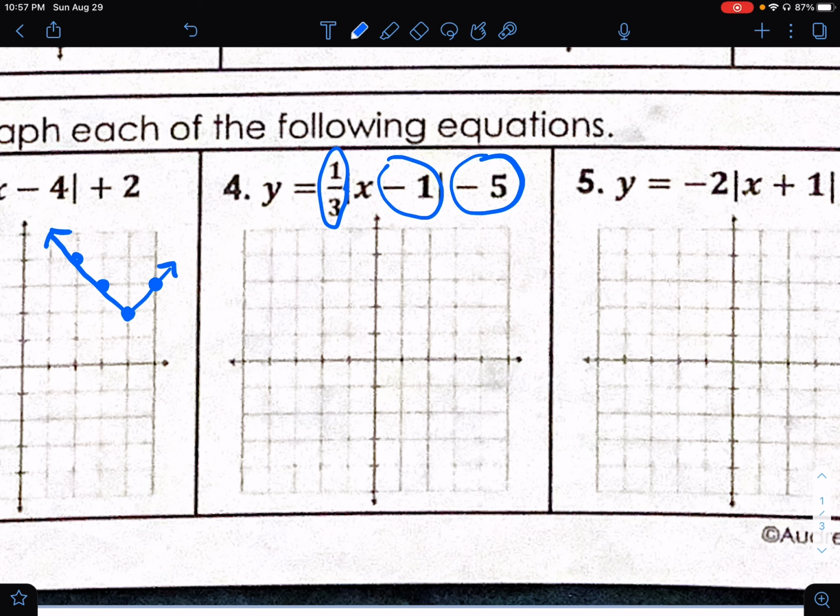And I think I miscounted. Okay, 1, -5. The slope is now up 1 over 3. So this graph is going to look like this.